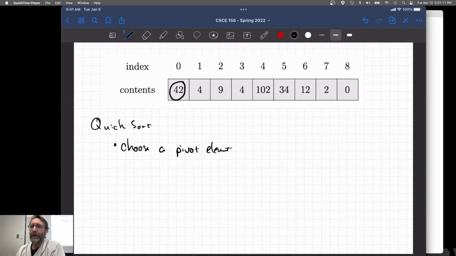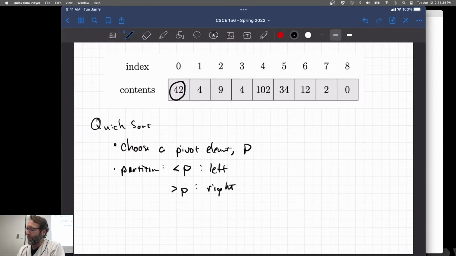And for me, I'm just going to select the first one. All right, there's my pivot. And what you do is you partition: things that are less than P, I'll call it the pivot element P, go to the left. Things that are greater than P go to the right. And then you place P right in the center of it.